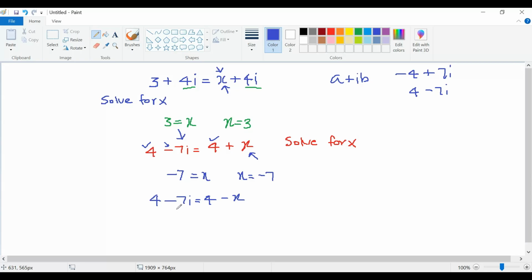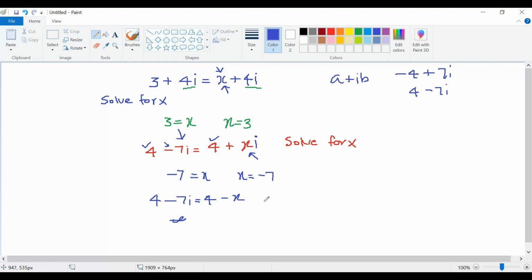I can use the same example and write 4 minus 7i is equal to 4 minus xi. Actually, I should have written this as xi, because if I write just x, it's not clear that it is the imaginary part.